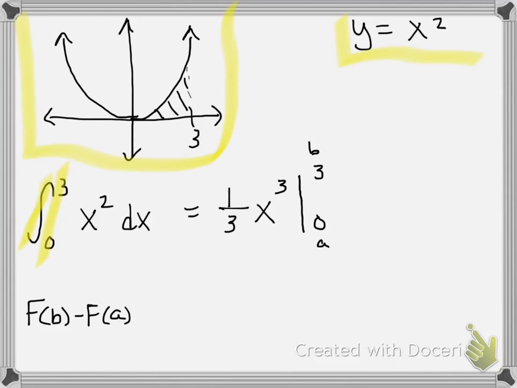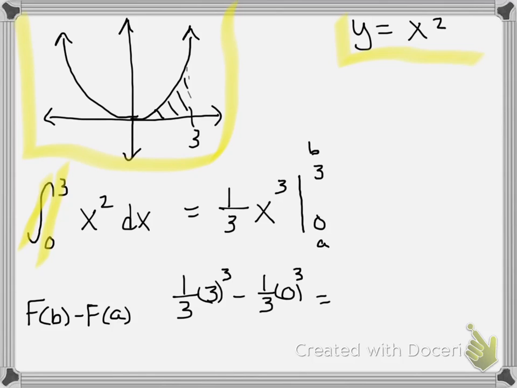So you'll have 1 over 3 times 3 cubed, minus 1/3 of 0 cubed. Like I said, that's just our A and our B.